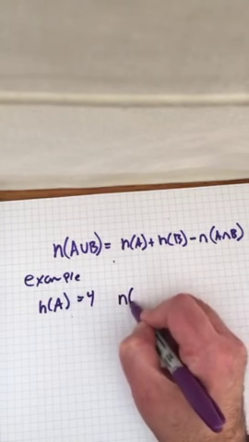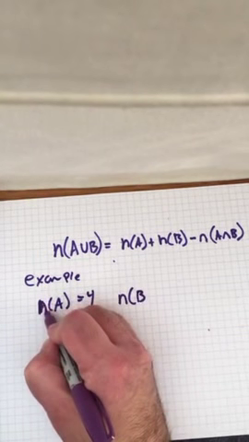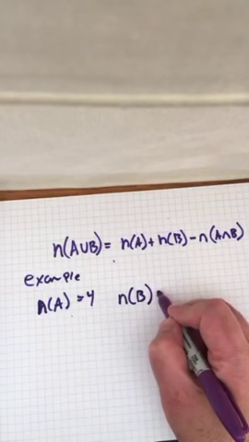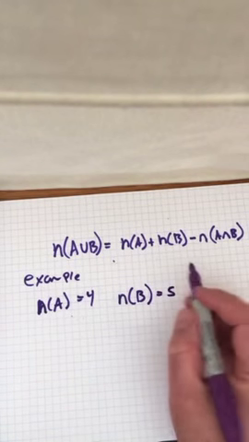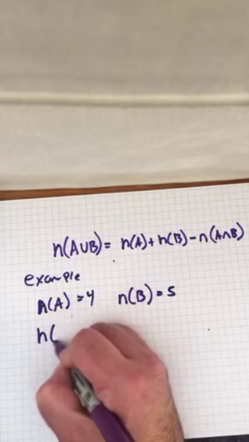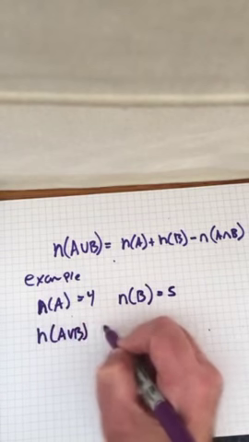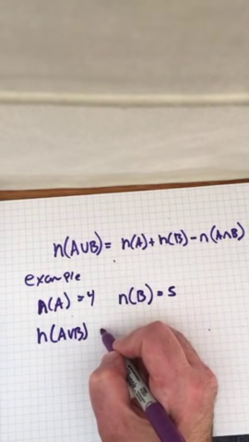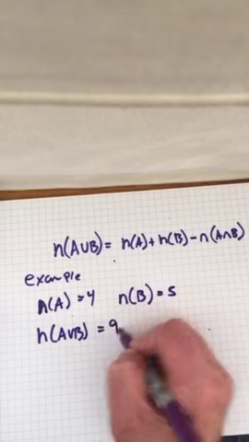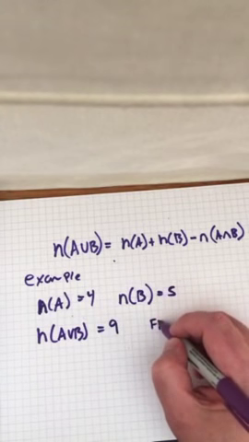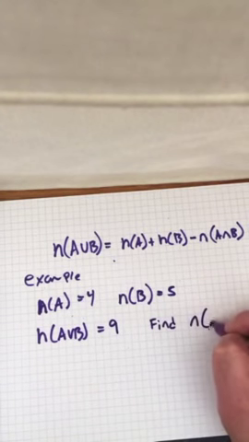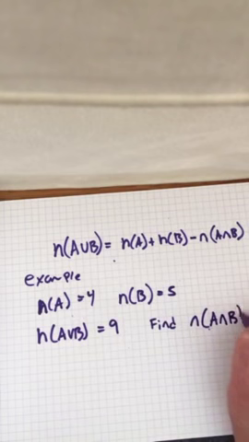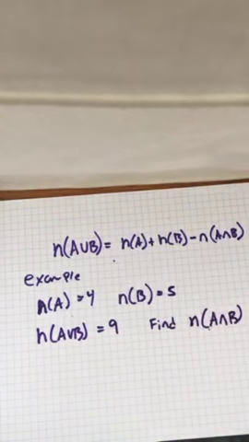We know n of B equals 5, and we know n of A union B is equal to 9. And they ask us to find n of A intersect B.